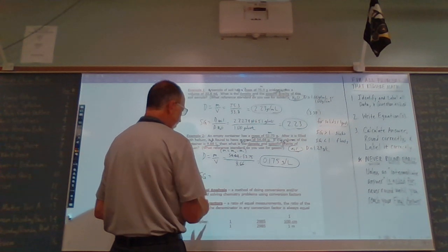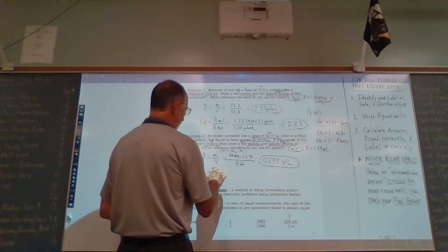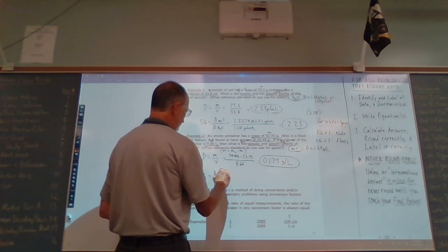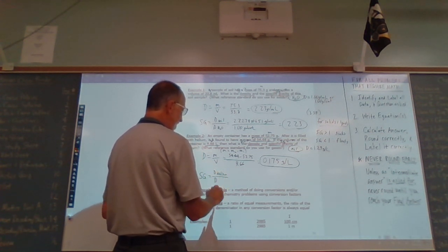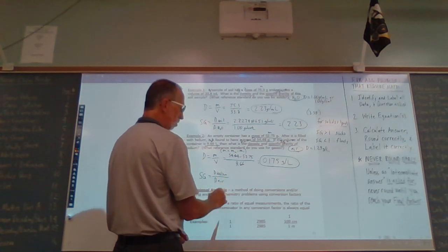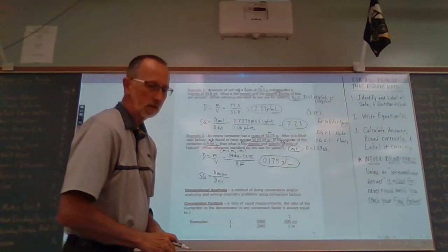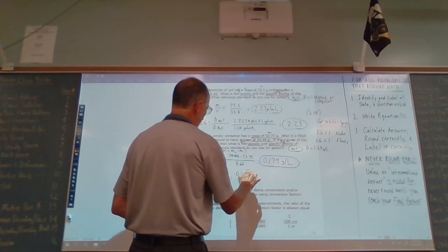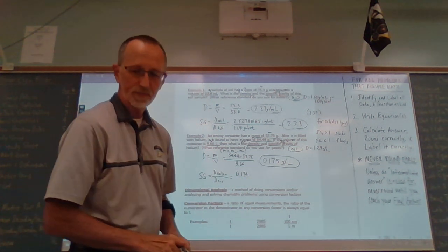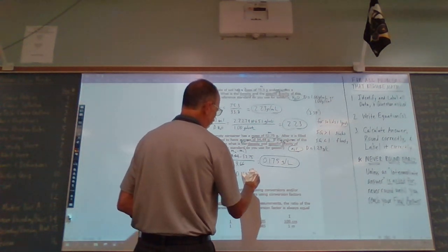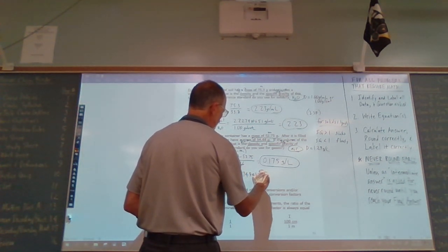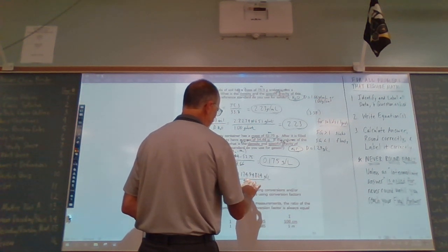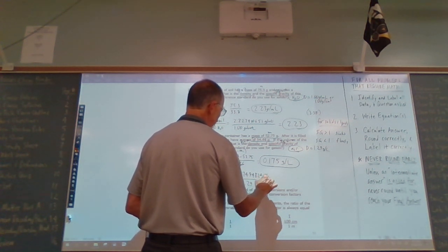Specific gravity is the density of helium over now the density of our reference, which is now air. So we have, now again, our unrounded answer was 0.1749484 over the density, grams per liter. 1.29 grams per liter is the density of air.